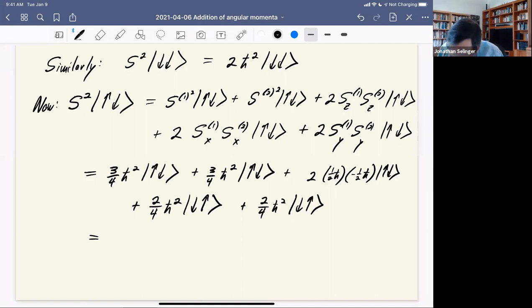So that is h bar squared times the state up, down. And then the last two terms don't cancel. Bummer. So that makes h bar squared times the state down, up.